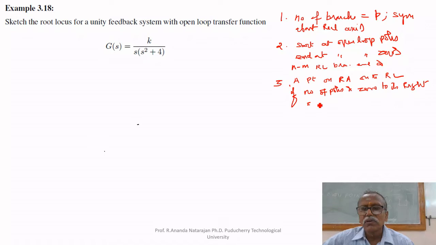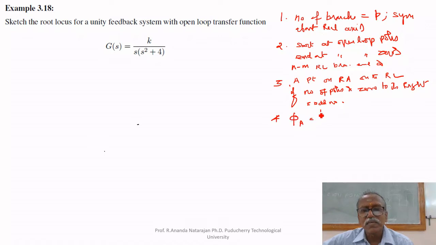A point on the real axis will be on the root locus if the number of poles and zeros to its right, to the test point, is an odd number. That is the third rule.